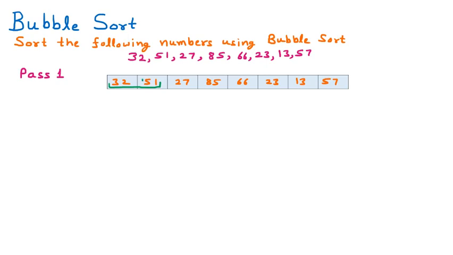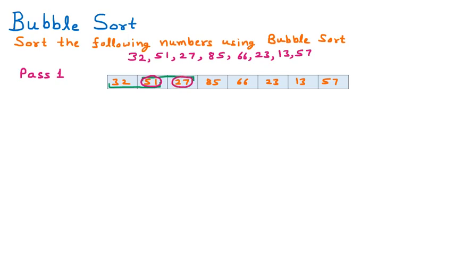Now we are going to compare the next two elements, which are 51 and 27. If we compare 51 and 27, we can see that these two numbers are not in ascending order. So that means we are going to swap them.